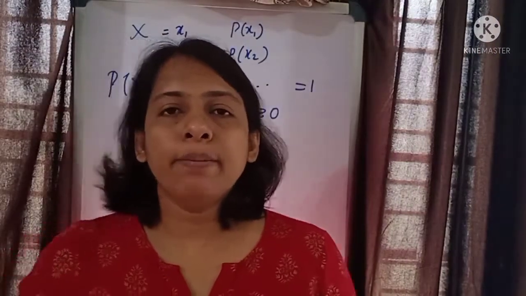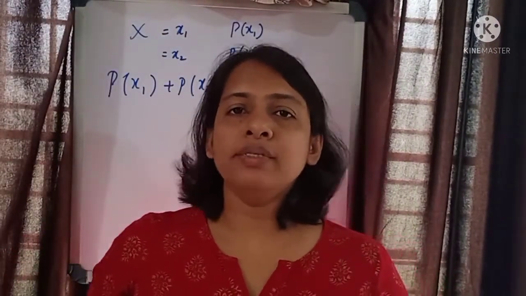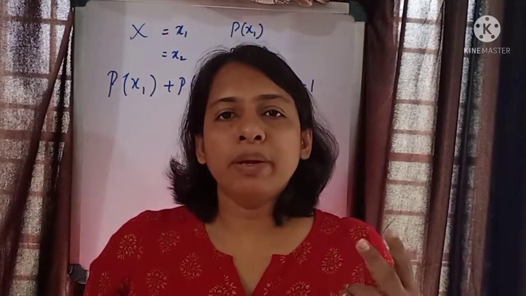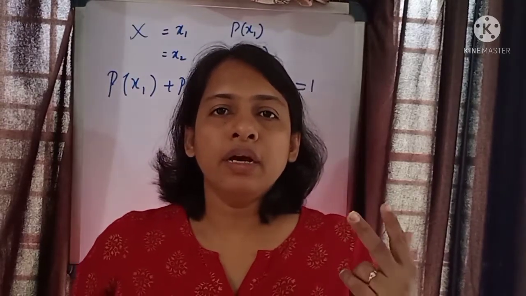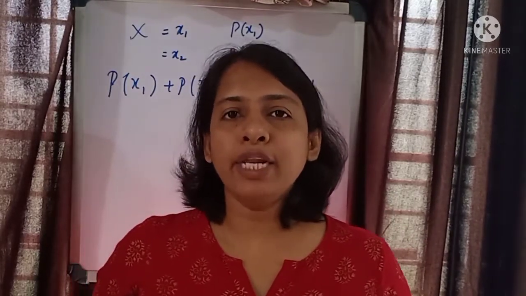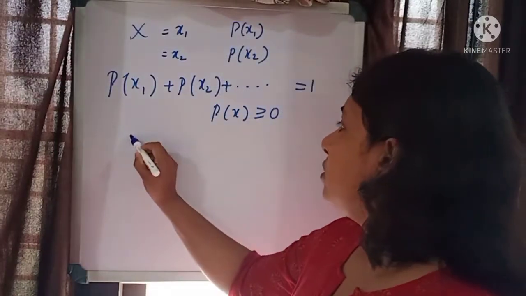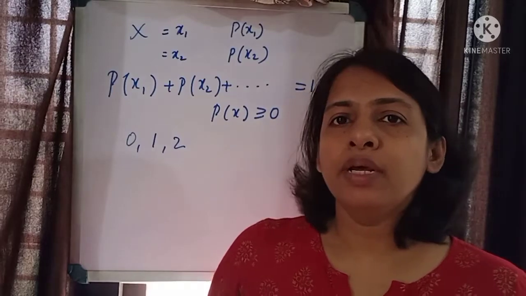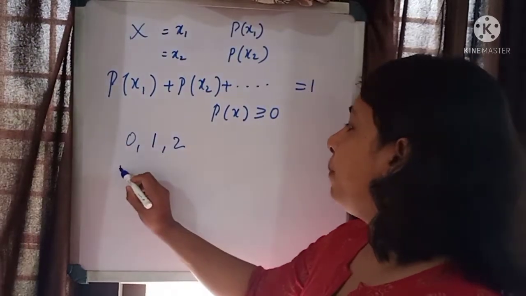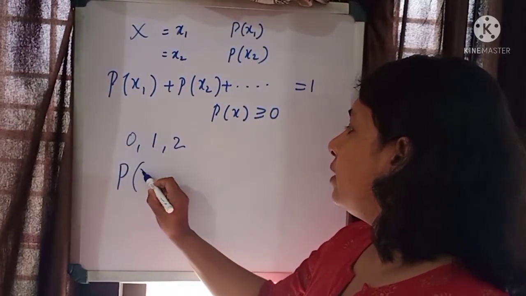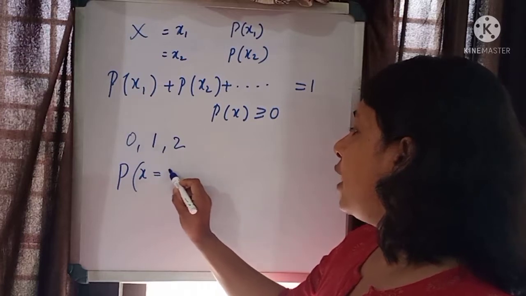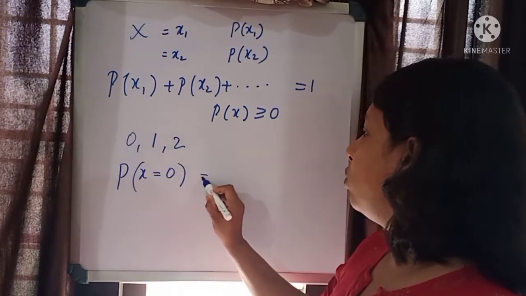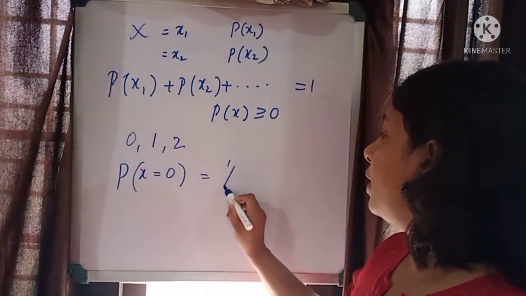For example, when we toss two coins, the random variable which represents getting heads may take values 0, 1 and 2. Therefore, the probability that the random variable takes the value 0 is equal to 1 by 4.